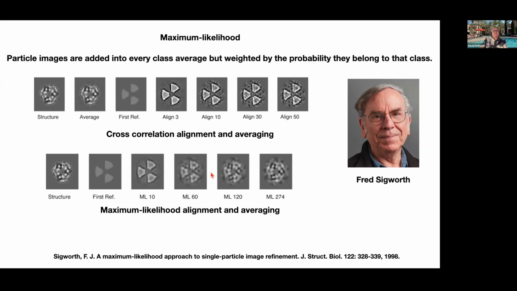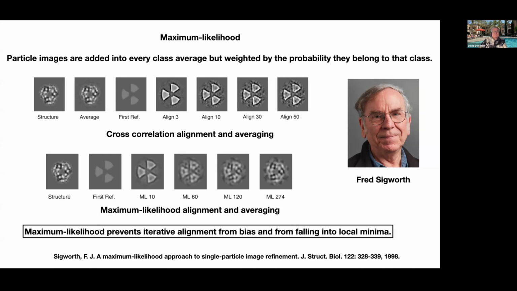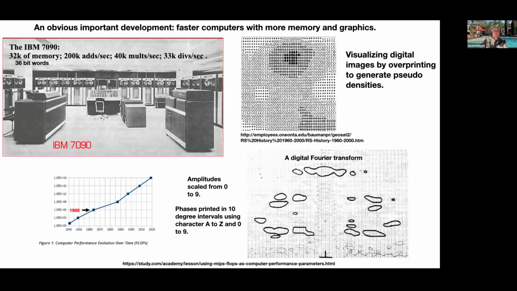And even though it takes many repeats, you eventually get to the right structure. So this was an important addition, and it prevents this iterative alignment from bias and from falling into local minima. I consider this an important step in image analysis, one which is used heavily in all the programs I know about.